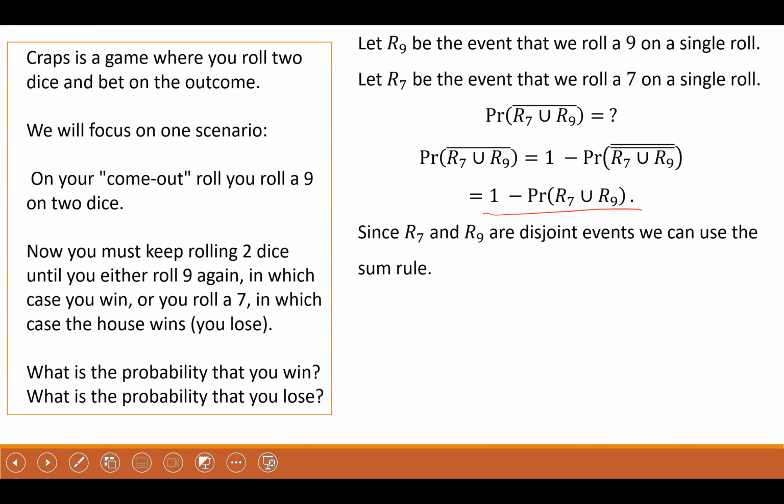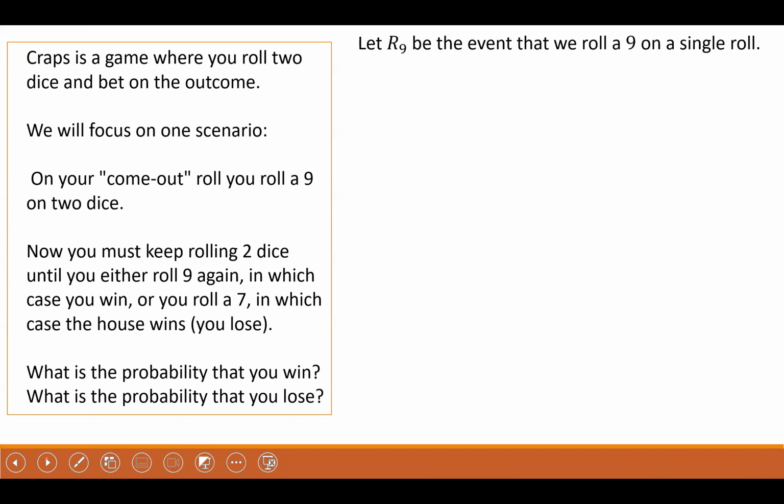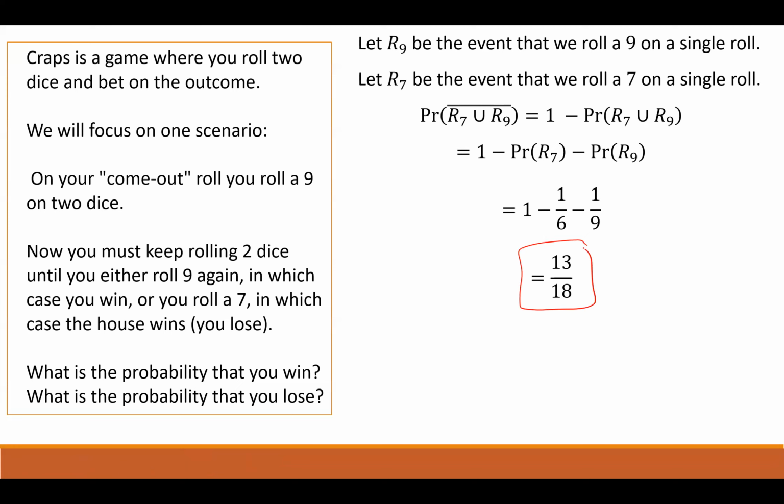These are disjoint, so we can just use the sum rule. The probability that I didn't roll a 7 or a 9 is 1 minus the probability that I rolled a 7 minus the probability that I rolled a 9. So I just have these 3 disjoint events that completely describe my sample space. So this is 1 minus 1/6 minus 1/9, or 13 over 18. This is the probability that I don't roll a 7 or a 9 and the game keeps going.